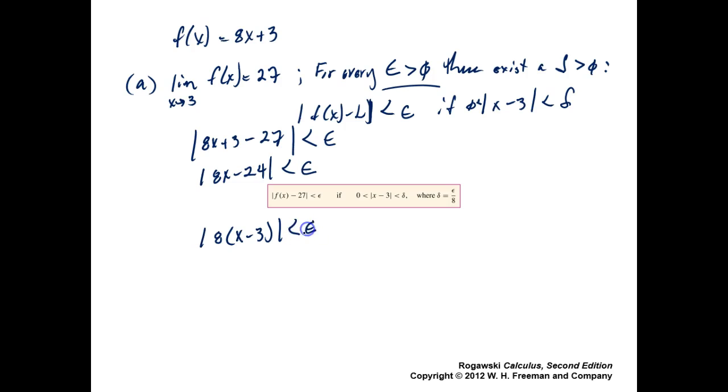Less than epsilon. Well, absolute value of 8 is 8. Pull that outside. 8 times absolute value of x minus 3 is less than epsilon. Right? Well, guess what? Divide both sides by 8.